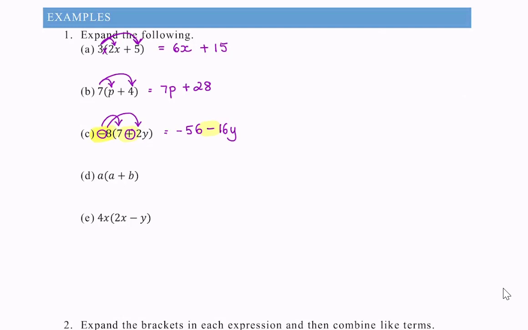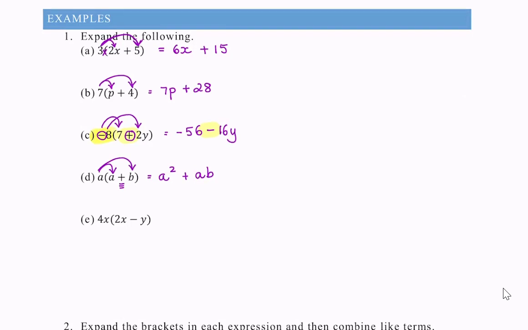To do the next one, it's exactly the same, except we have no numbers now, we just have letters. A times A, we've been working on this, we know that is A squared. And A times B is AB. And I'm just putting the plus sign down because I don't have any sign changes because I don't have a negative outside my brackets.